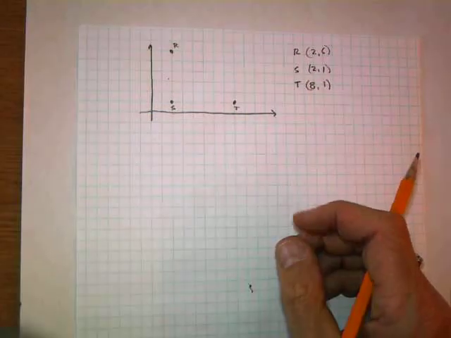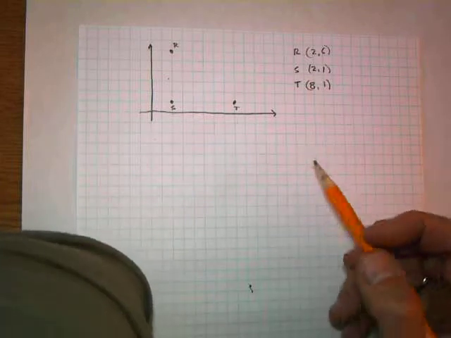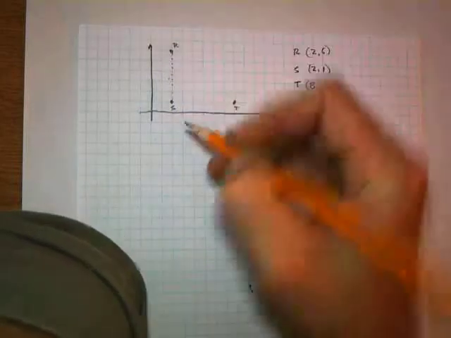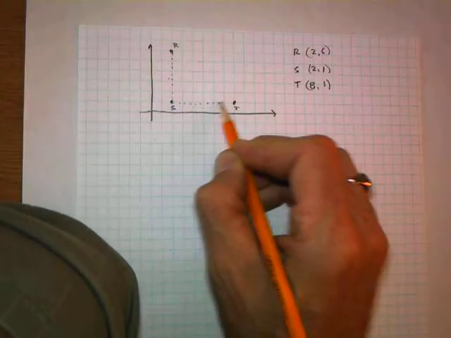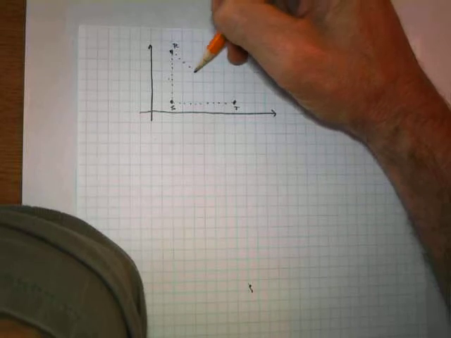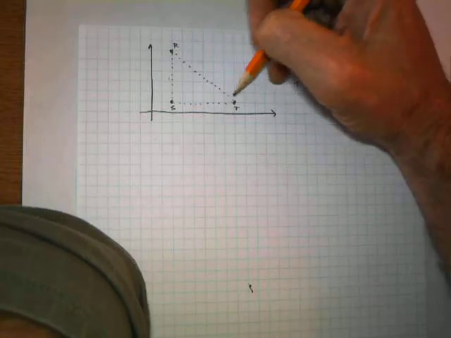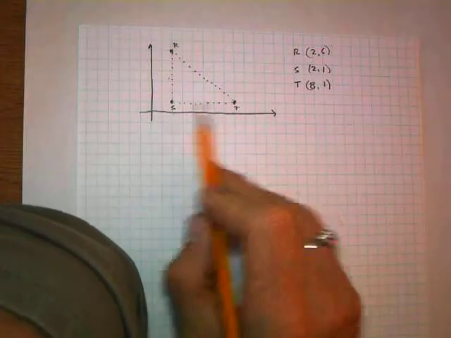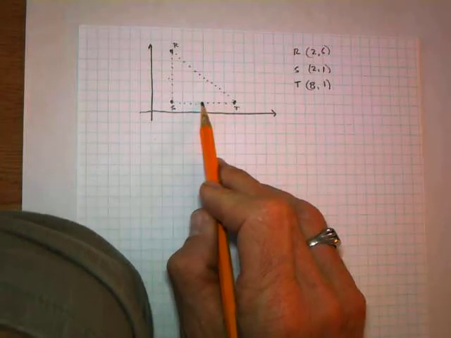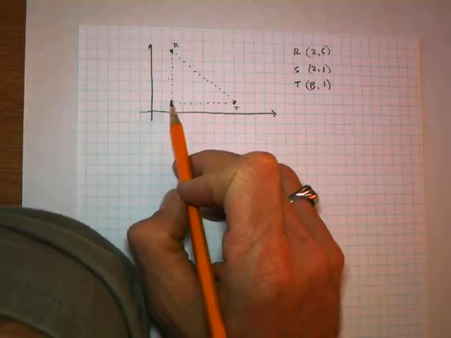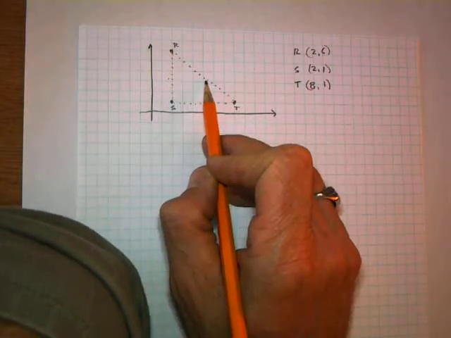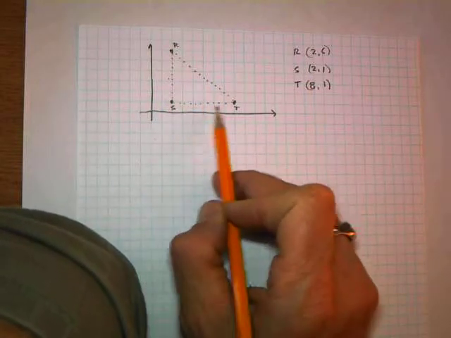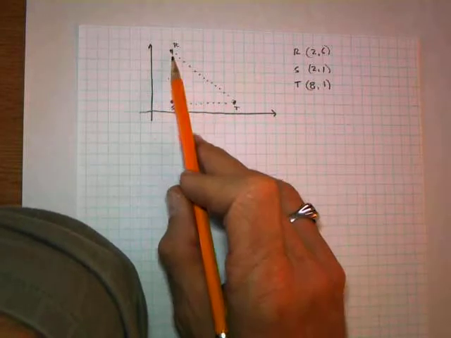Okay, so now what you're going to have to do is imagine the triangle that is formed here. And there's no formula that tells you this distance. So what you're going to have to do is find the midpoint of ST, somewhere in here, and draw it up. And you're going to find the midpoint of RS and draw it up. So really what you're doing is just two separate problems. You're finding the midpoint of this and the midpoint of that.